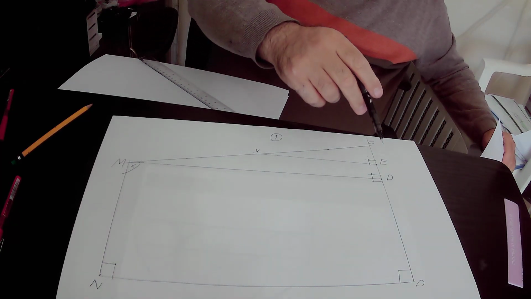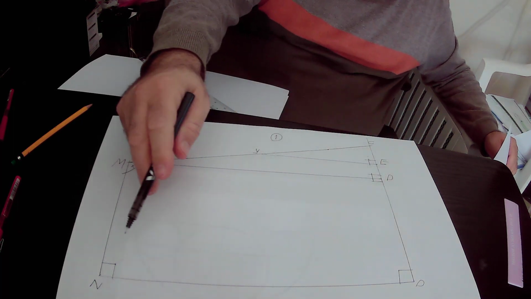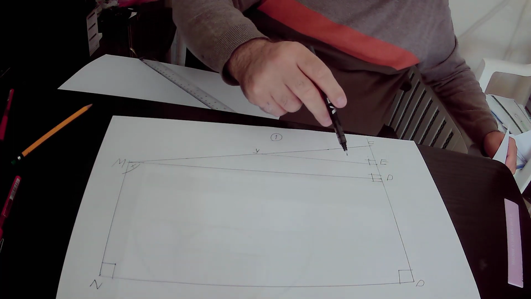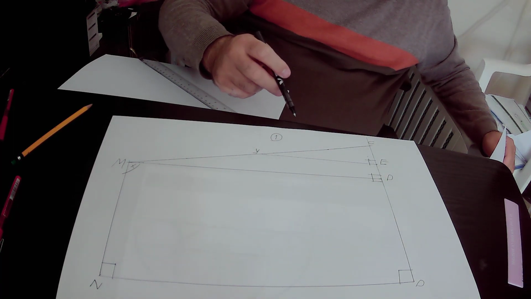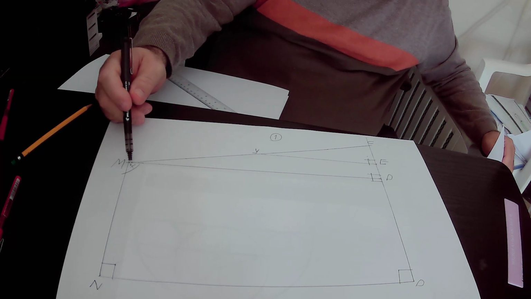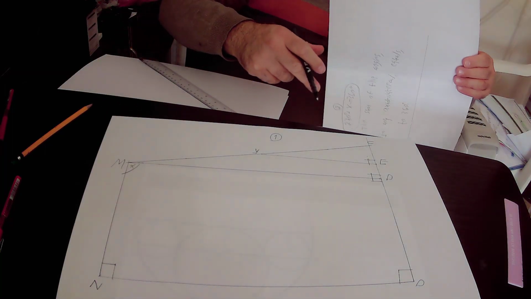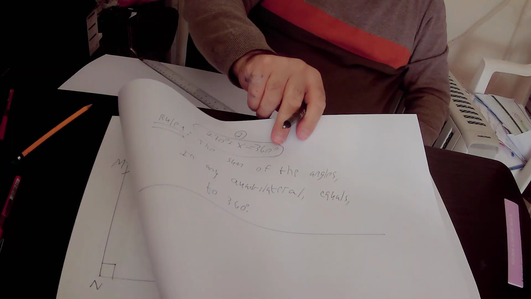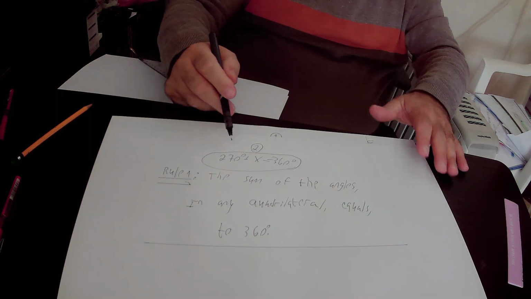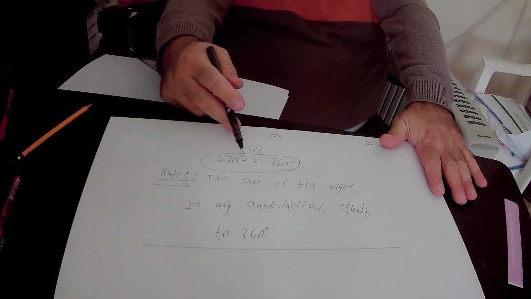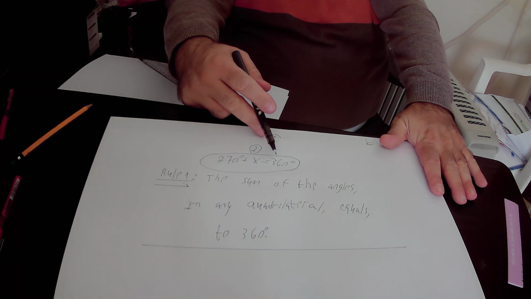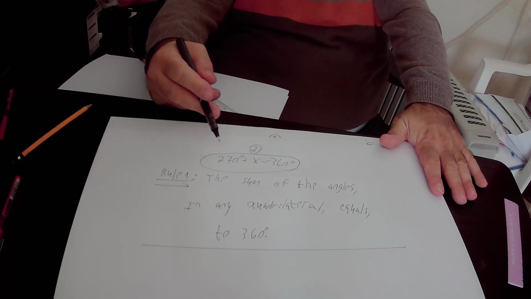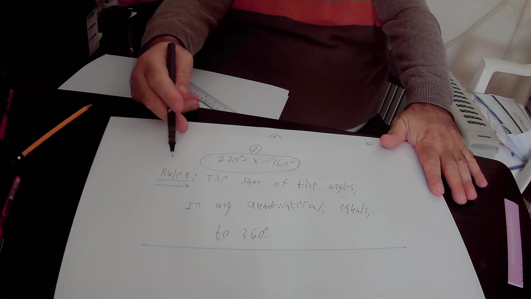That is to say, the sum of those three angles, which is 270 degrees, plus the fourth angle, angle X, must be equal to 360 degrees according to rule number 1.